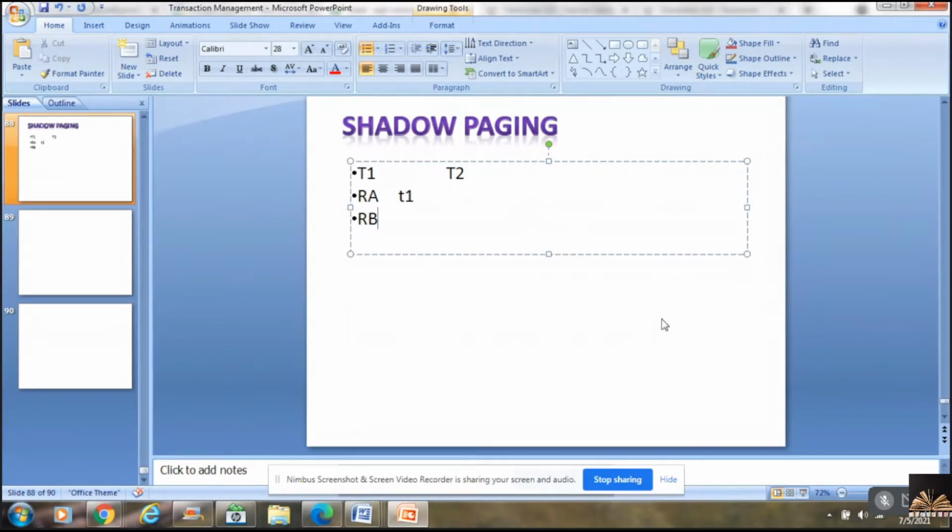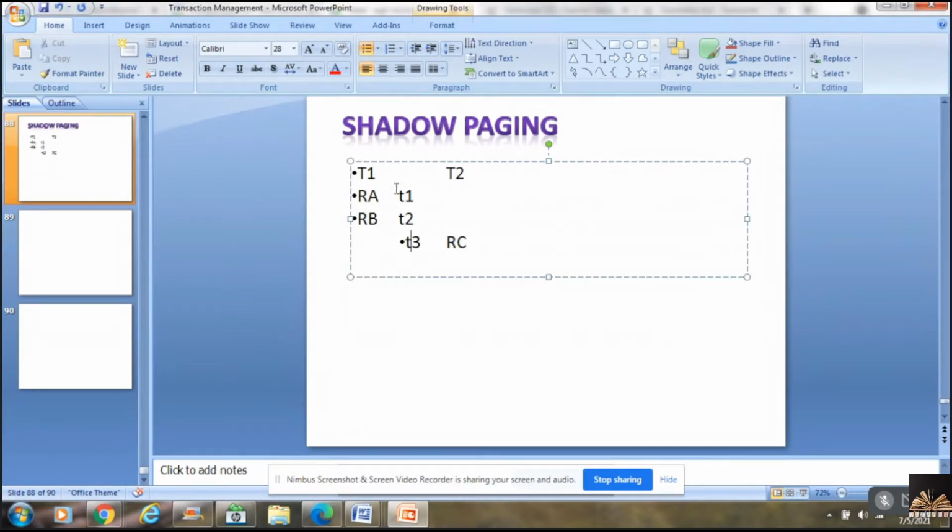Read B. The time is T2. I'm taking small t in order to differentiate. And at a time T3, I'm working with read C over here. So this way, I'm going to work with the timestamp ordering protocol. I'll give you an example of how we are going to work with it. So this is the way.